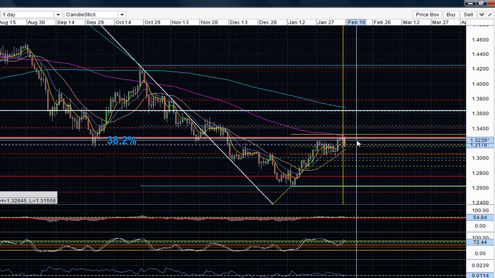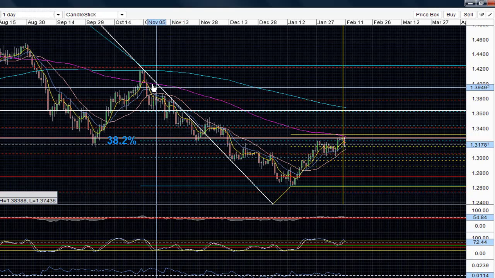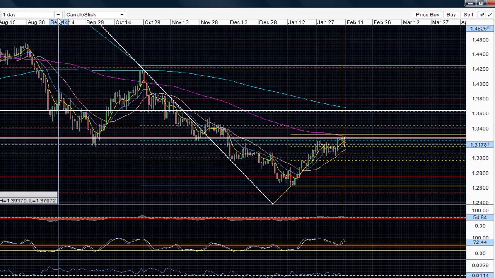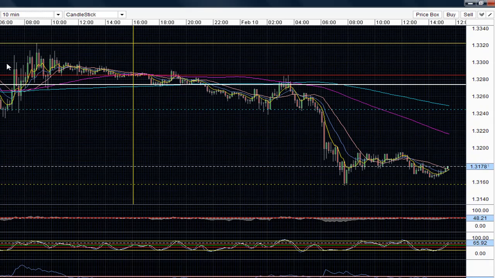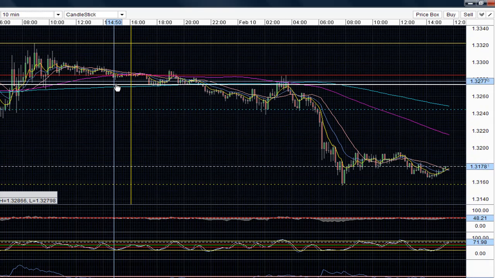So we can see right here, this is where we get this 38.2% level from this last drop down on our daily chart. So let me flip back to our 10-minute chart.